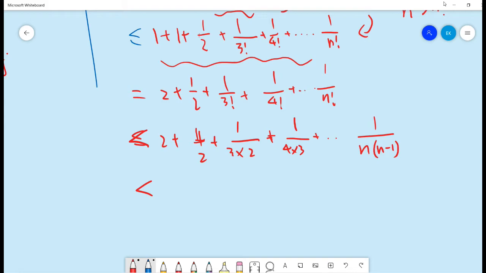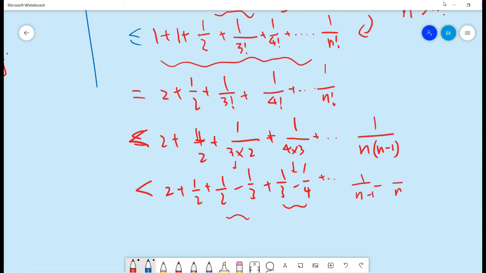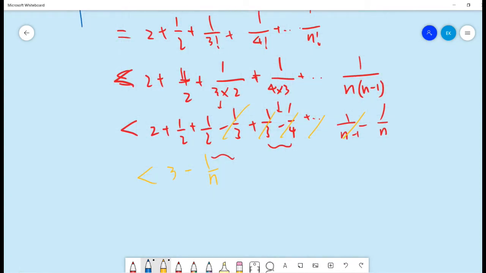So this is 2 plus 1/2 plus (1/2 minus 1/3) plus (1/3 minus 1/4), and then keep going, and you can cancel. Finally you get that a_n must be less than 3 minus 1/n, which tells you that a_n is bounded by 3. So a_n is bounded.